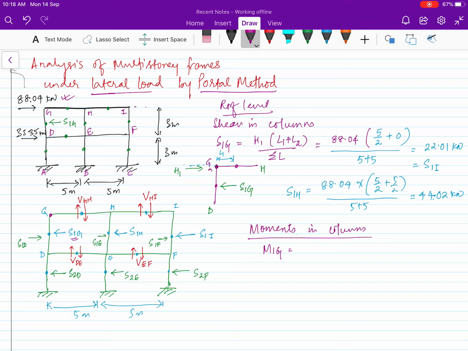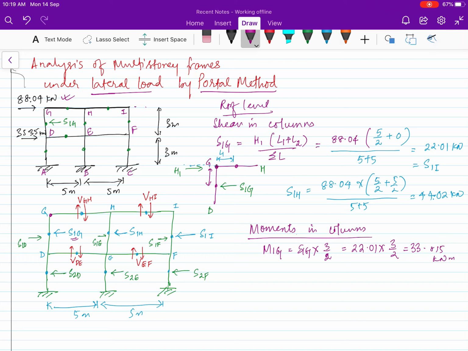S1G, the shear force, into the perpendicular distance. Force into perpendicular distance is the moment. So S1G into the mid height, that means 3/2, since the total height is 3 meter. So we got 22.01 into 3/2, which comes to 33.015 kilonewton meter.